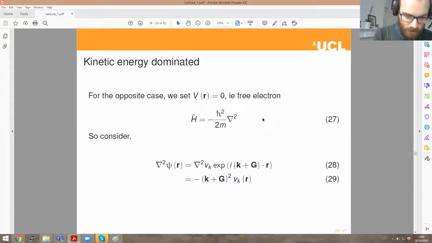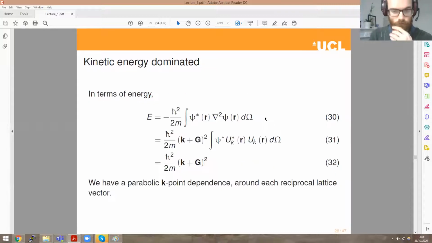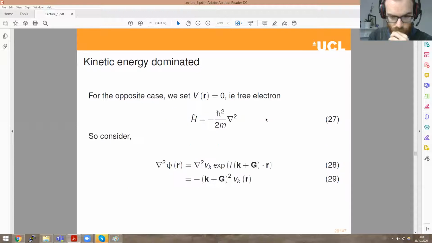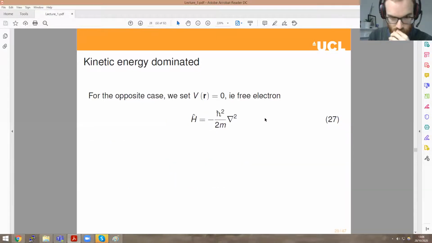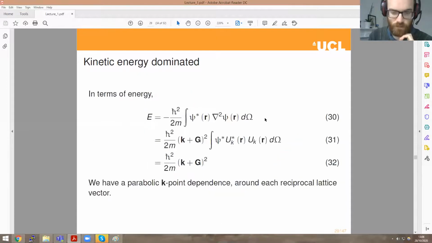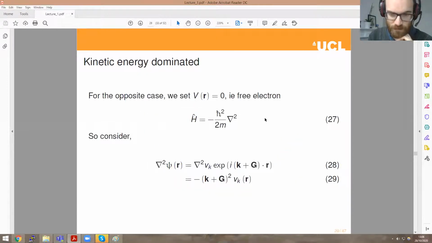So the del squared of psi of r is equal to minus k plus G squared, v_k of r. Okay. What does that mean by v_k?